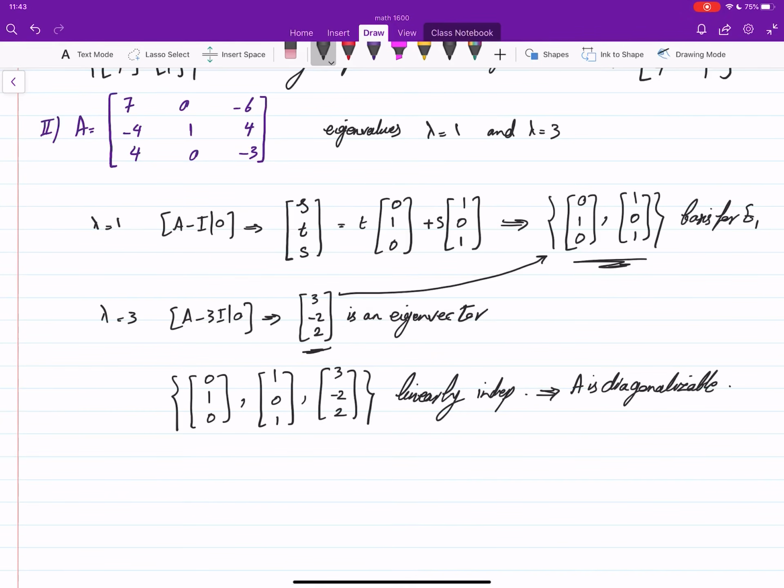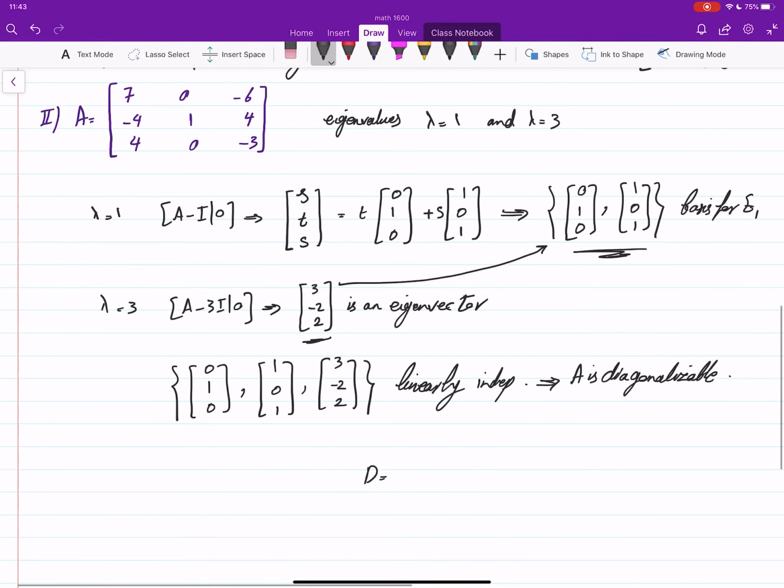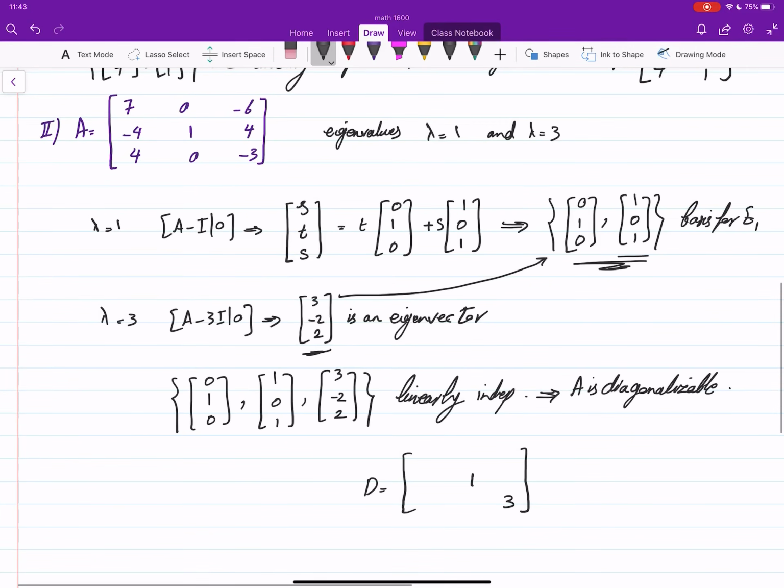And how do we find D? You may say that we have only two eigenvalues, but here I have to put three numbers because it's 3 by 3: 1, 3, and how about 1? If you find the characteristic polynomial, you notice that lambda equal to 1 has algebraic multiplicity 2. It means that I need two 1s there. And you can see it even here, E1 has dimension 2, so you need to put two 1s and a 3.